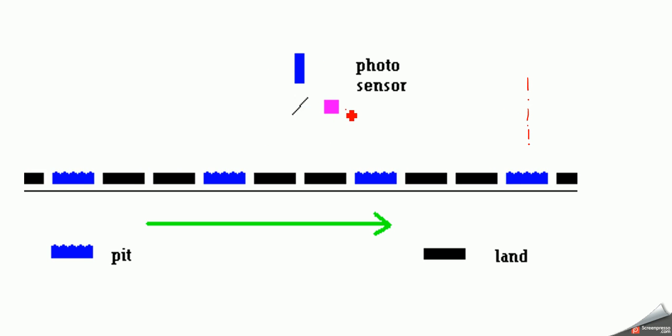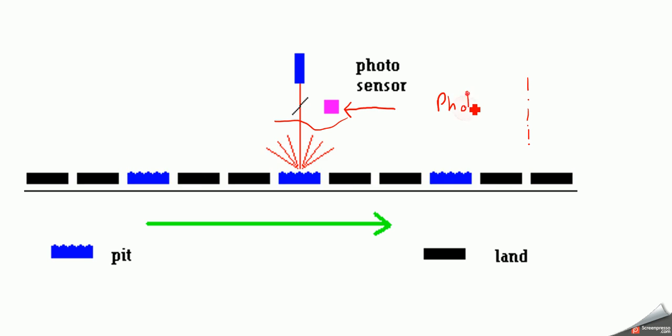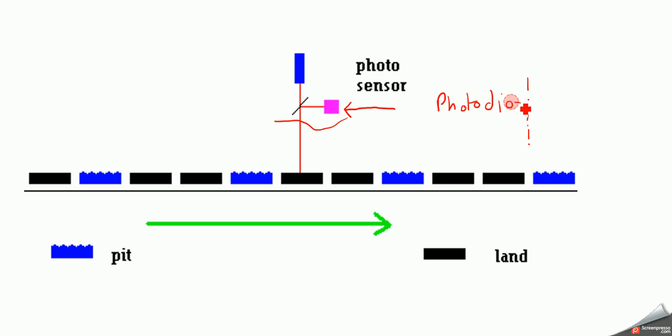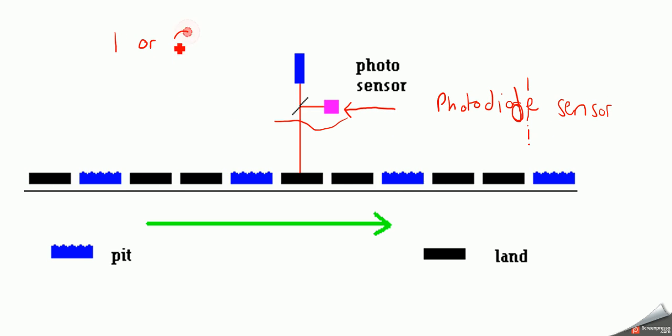This here is what's called a photodiode sensor. And that basically detects whether or not what's reflected is a 1 or a 0 from binary.